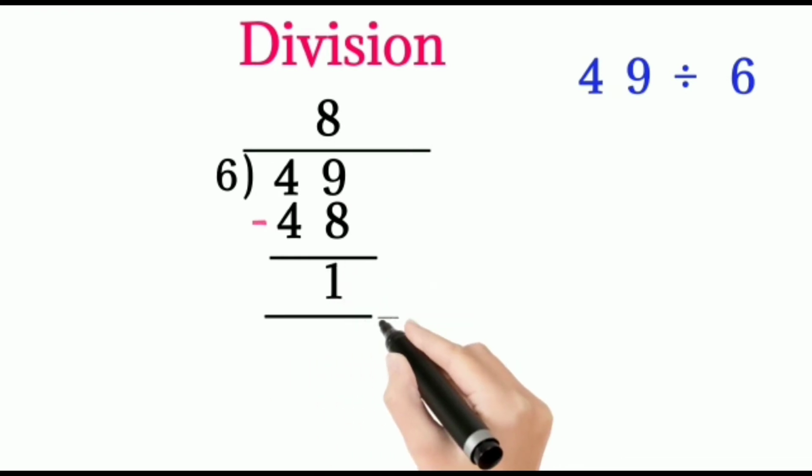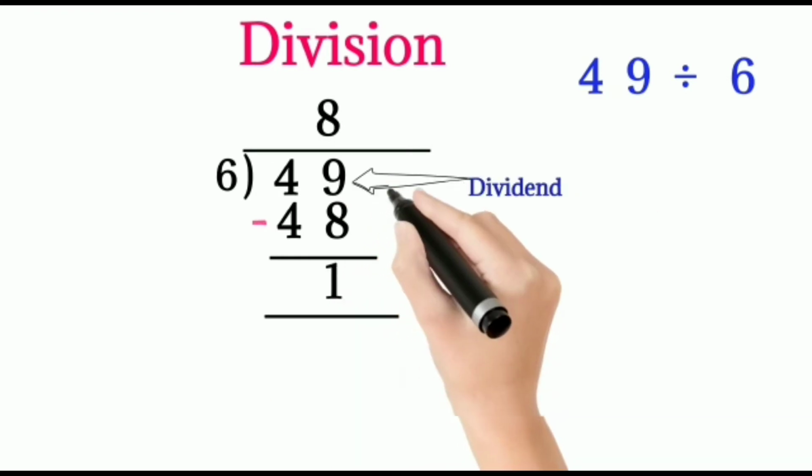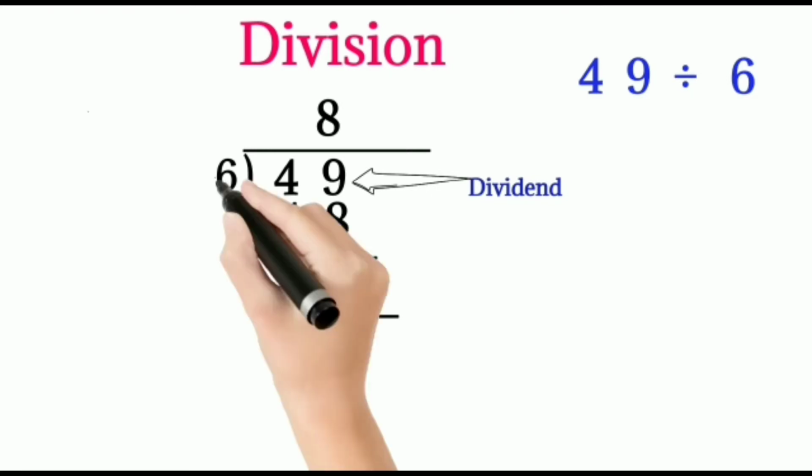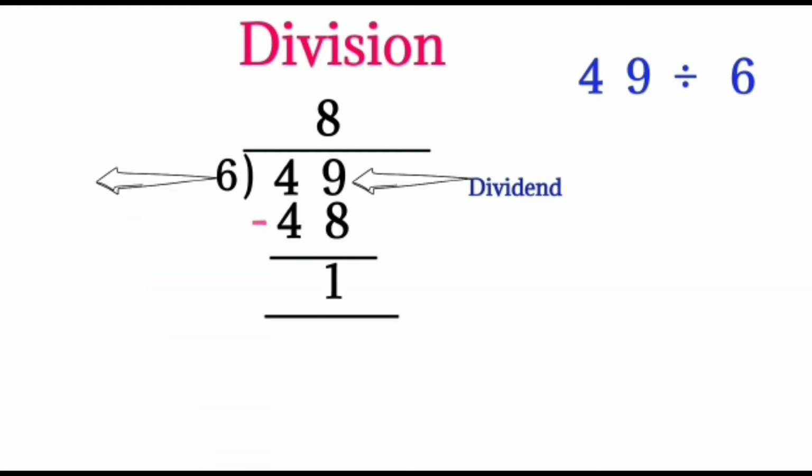The number that is divided is called the dividend. 6 is the divisor. The number that divides is called the divisor. The answer is 8. The number obtained as a result is called the quotient.